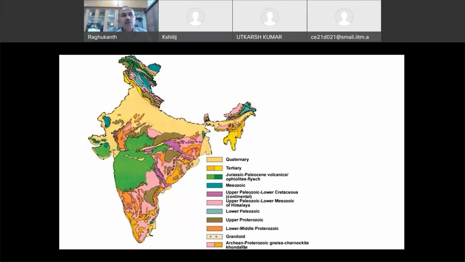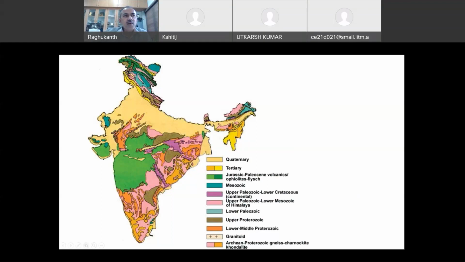They call this green color the Deccan Traps. Have any of you heard this word, Deccan Traps? None of you have heard this word in geology.